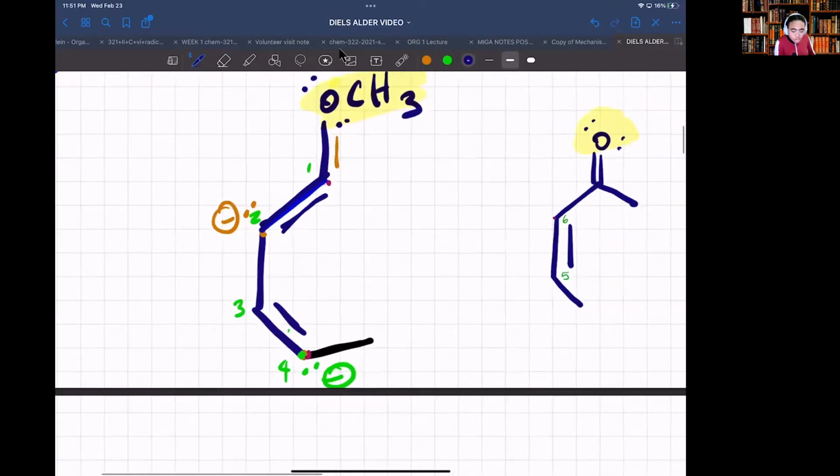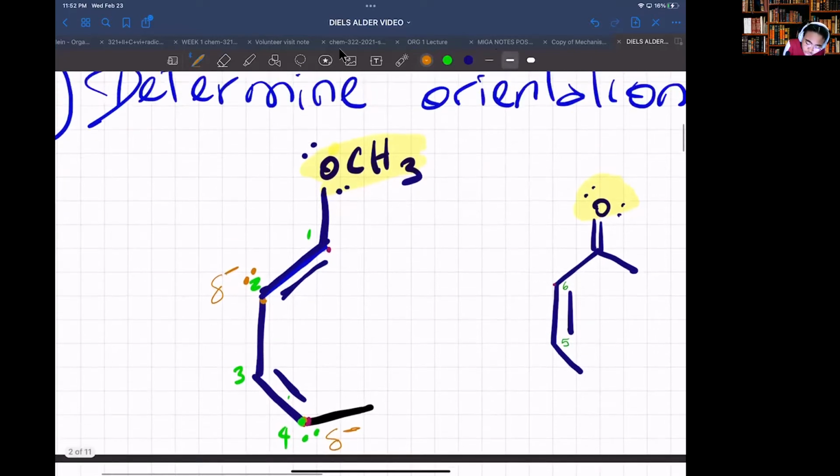After doing resonance, guys, I know carbon 2 and carbon 4 will both have a partial negative charge, okay? Which means that this group, OCH3, is an electron donating group, because you see how it donated its electron and pushed all the electrons, leaving carbon 2 and 4 with a partial negative charge.